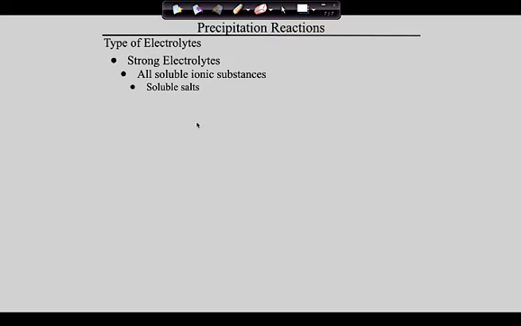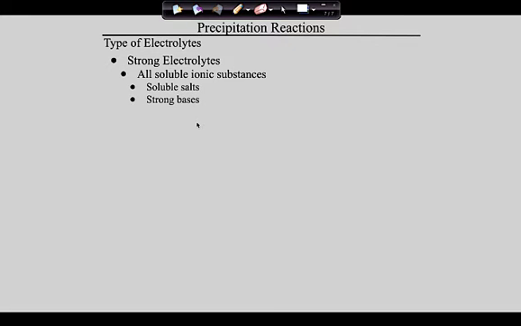So if a salt dissolves in water, it's a strong electrolyte. Which salts don't dissolve in water? That's why you know the solubility rules. And those precipitate. But guys, that's not it. There are other substances that are strong electrolytes.